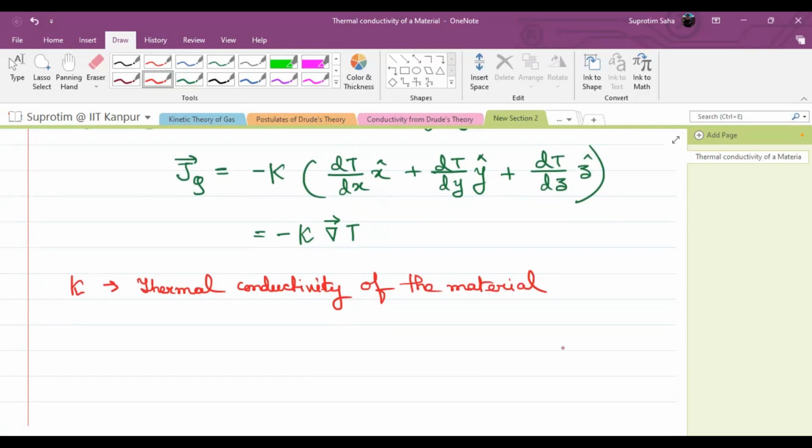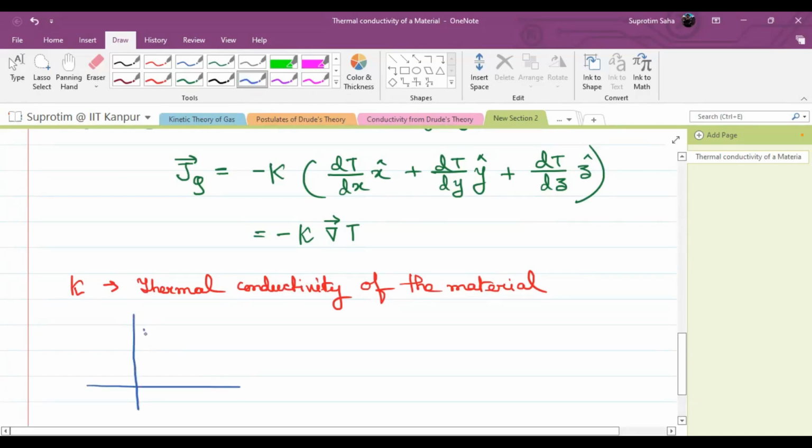Now, normally you can think that this negative sign is for convention only. Like you draw this graph. Let's say this is your temperature T1 and this is your temperature T2. So this is your delta x. The quantity dT over dx will be given by the difference in temperature over delta x.